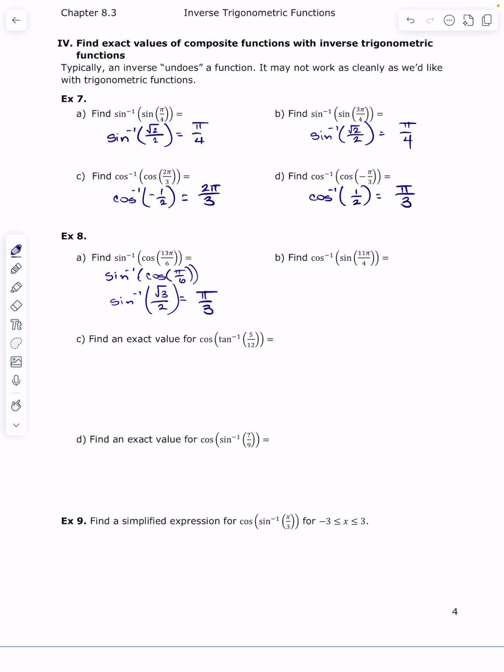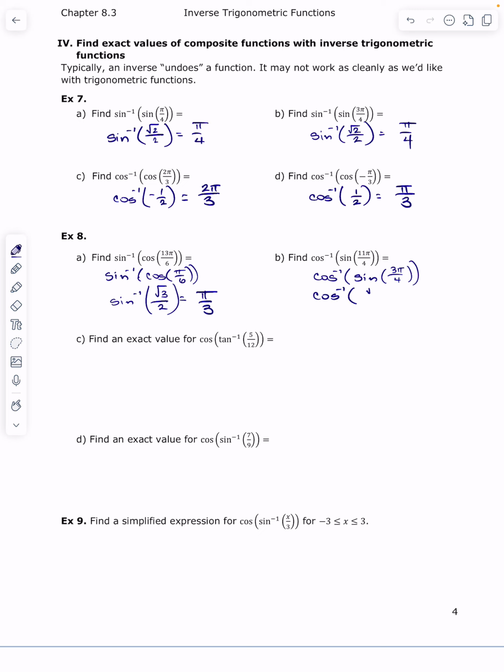B, I want the inverse cosine of the sine of 11 pi over 4. Again, I want that as an angle between 0 and 2 pi. 8 pi over 4 is twice around the circle, so 11 pi over 4 minus 8 pi over 4 gives me the sine of 3 pi over 4. 3 pi over 4 is in quadrant 2.